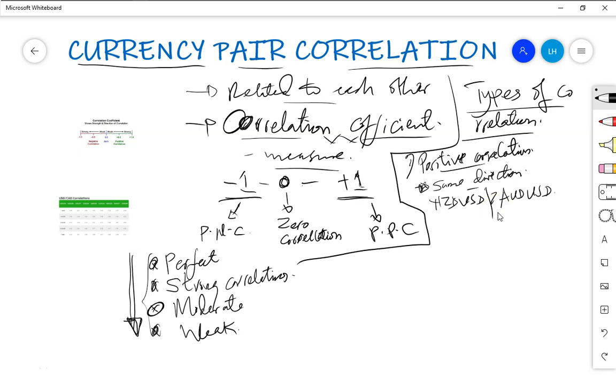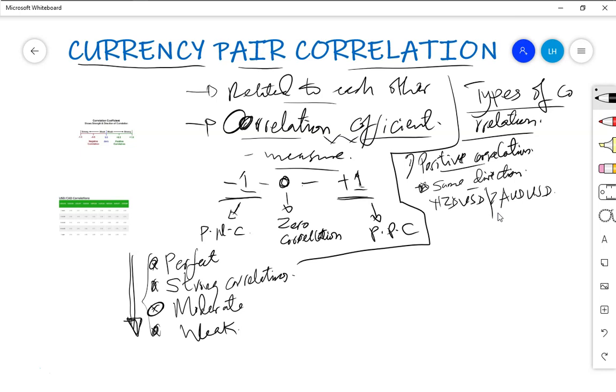Maybe some pairs may correlate strongly positive in a weekly time frame, and other pairs may correlate positive, or negative strongly, in a yearly time frame. So correlation always varies based on time.